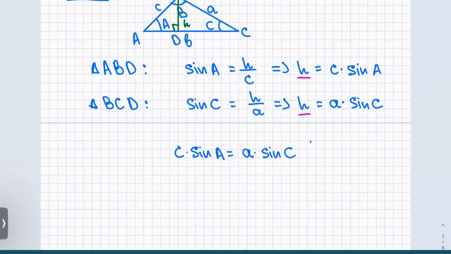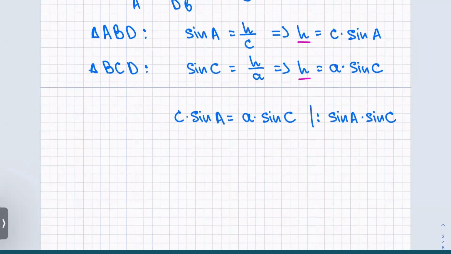And now, dear students, to get exactly the expression that we had above, we'll just divide this equation by sine A times sine C. So what we will get here if we divide both sides by that same expression, I'll just write it here.